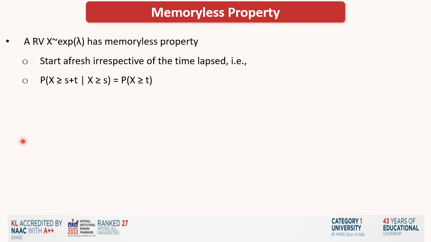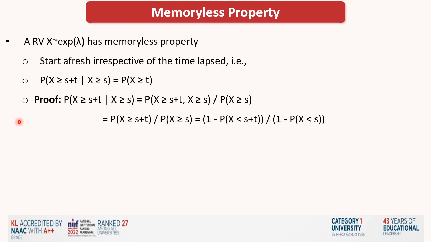If you have waited for, let's say, 10 minutes, the probability that you have to wait 10 more minutes is not affected by how long you have waited. So the probability that you have to wait t minutes longer doesn't depend on how long you have waited already, which is s.